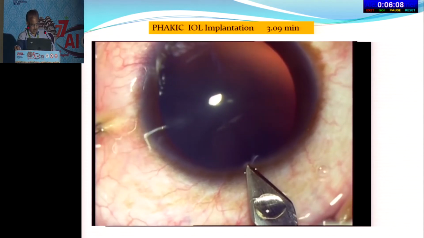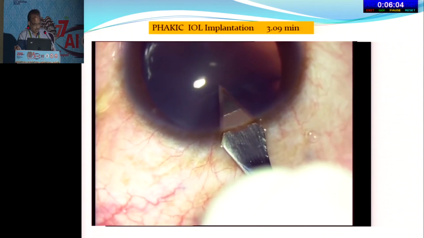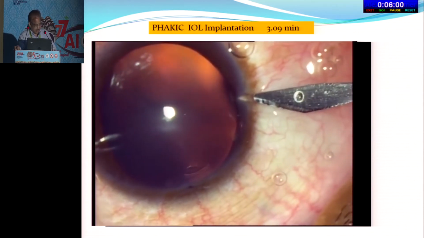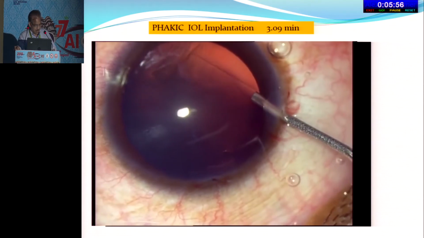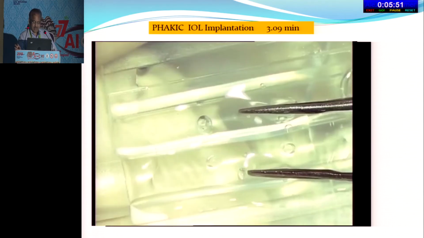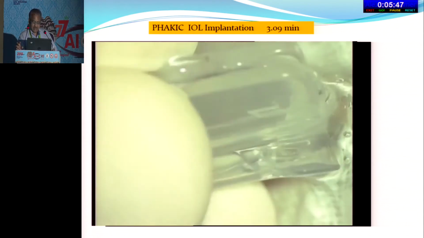IOP 25 and 2.6 keratome is entering the AC. Care should be taken not to injure the lens capsule. Please check the movement of the phakic IOL after folding the cartridge.